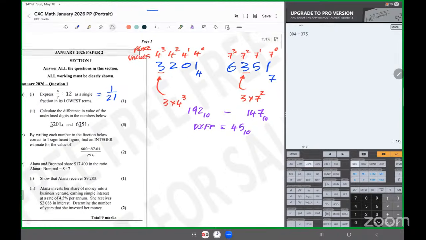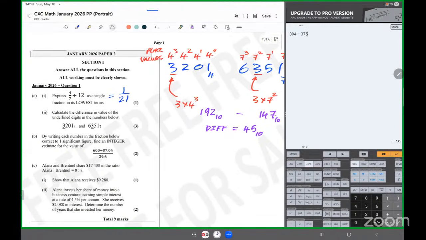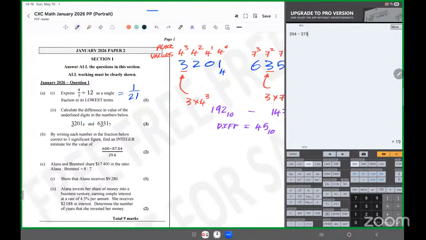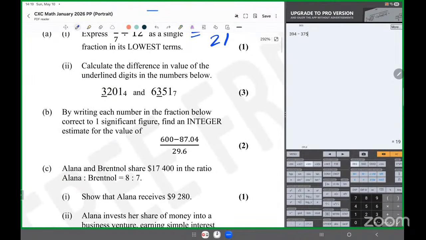All right, we'll come to this question now. So this was part A. Come to part B now, right here. What does part B say? Part B says, by writing each of the numbers in this fraction to one significant figure, find an integer estimate of this value. So we need to write each of these numbers to one significant figure.